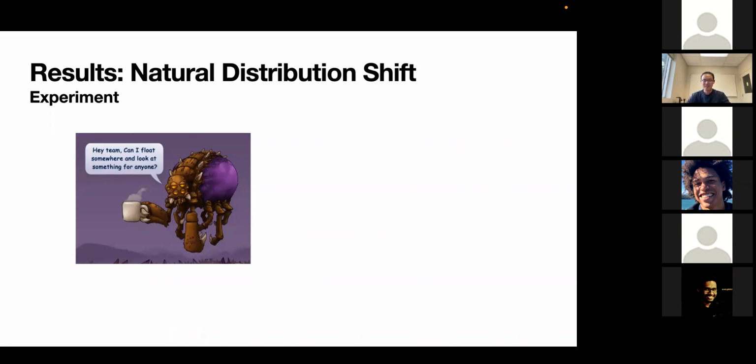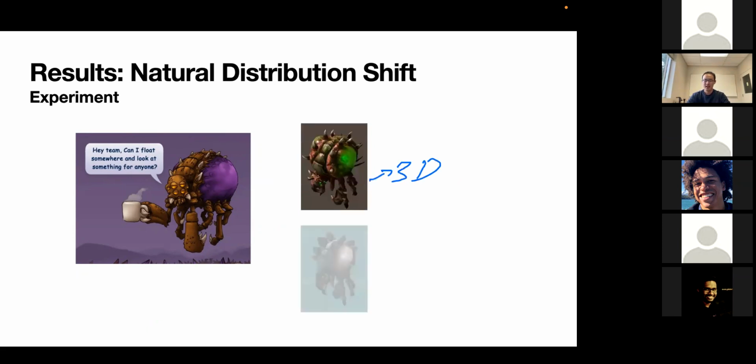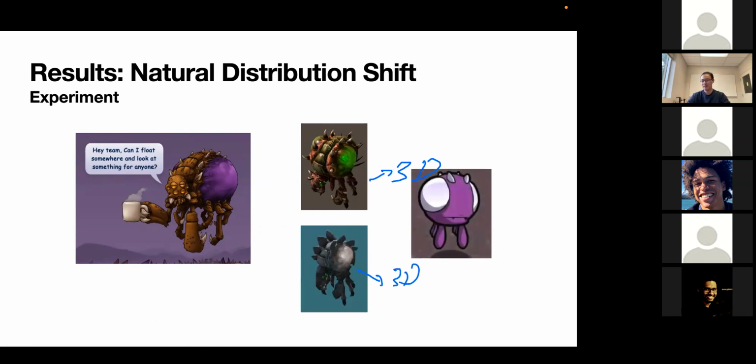We just met Overlord in this very comic style, and after being trained on this Overlord image, we can identify the other Overlords, or in this 3D model, or in this other skin, or in this very abstract and cute way.